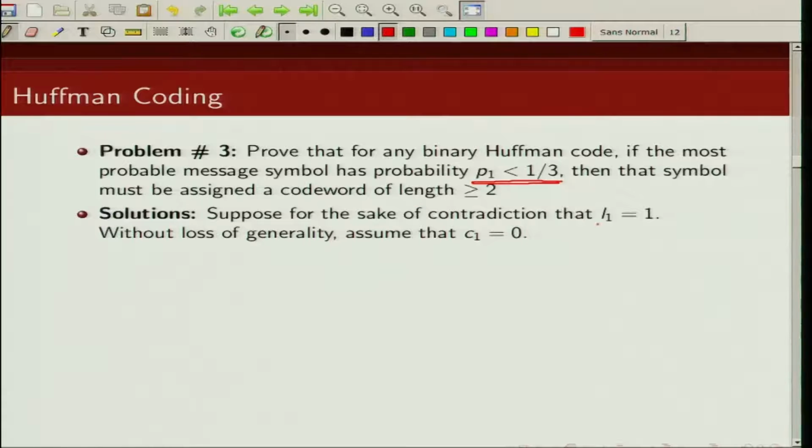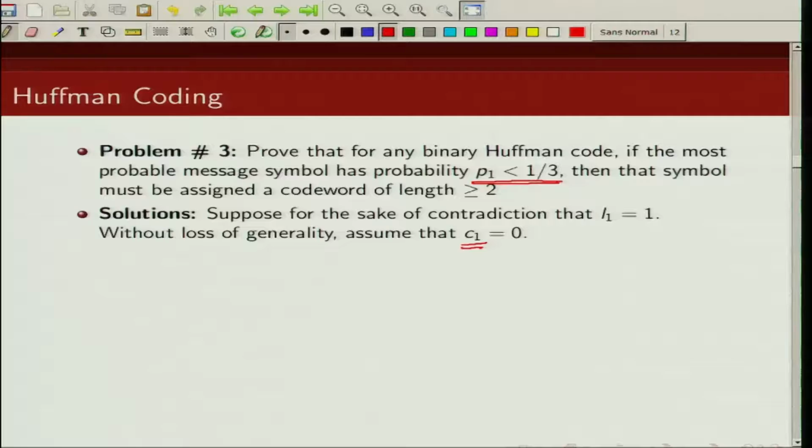So let us assume that C1 is our message symbol which has probability P1, which is less than 1/3, and without loss of generality we are assuming that this has a code word of length 1, and that the code word is 0.